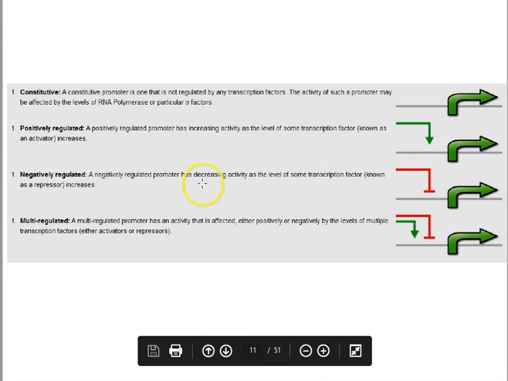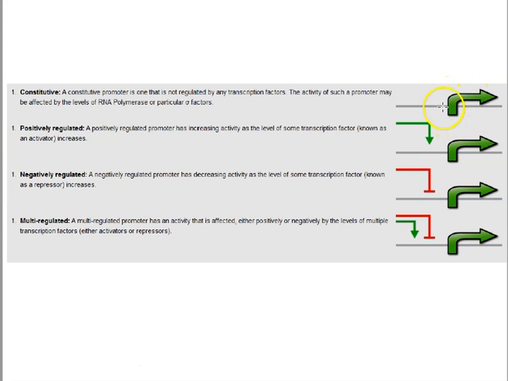So we have different kinds of promoters. As I mentioned earlier, we have the constitutive promoter, which is responsible for the steady expression of the gene with which it is associated. We have the positively regulated promoters, which are regulated by the introduction of a specific regulator, such as a sugar molecule or maybe a metal ion. We have the negatively regulated promoters, which are represented by this symbol.